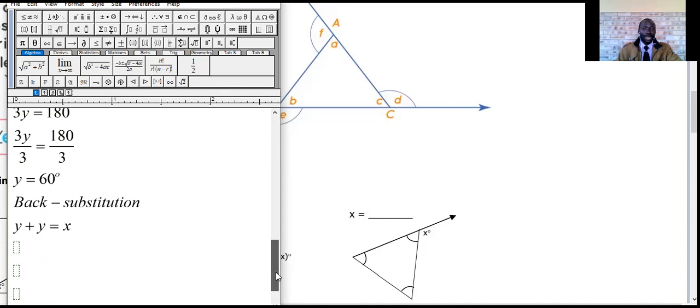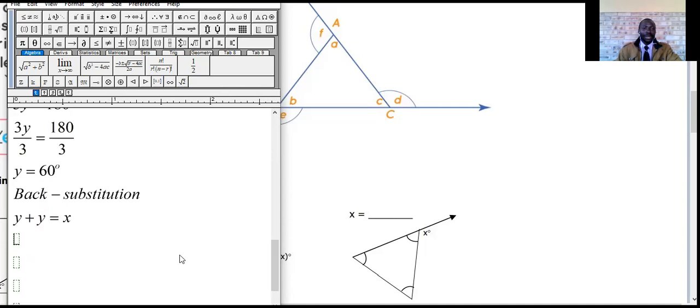So what we want to do now is to find the value of x. We got that y equals 60. And so we add 60 two times. That must give us the value of x. Notice that when we add 60 two times, what we get is 120 degrees. And so therefore we can say 120 degrees is the value of x.